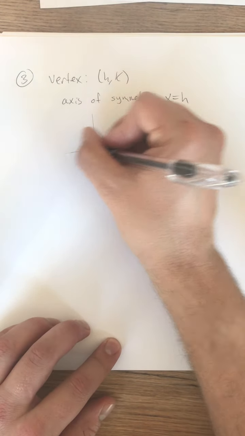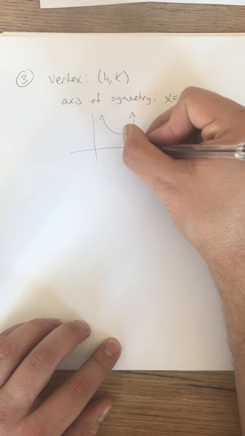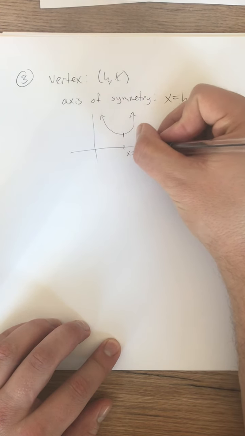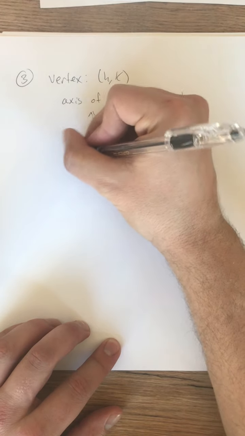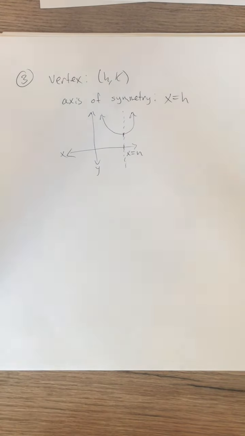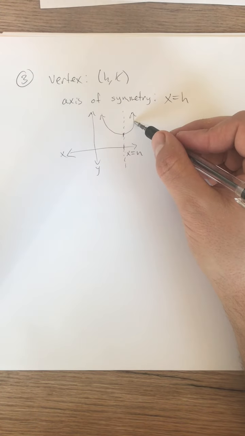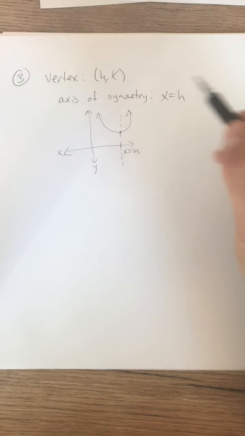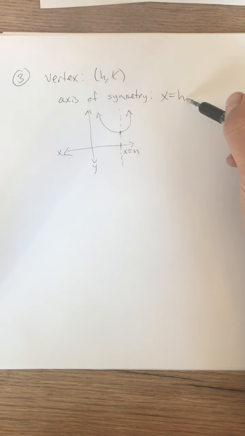And what this is, if we had something like this, this is x equals h. The function folded at the axis of symmetry would be on top of itself. And that is always the vertical line through the x-coordinate of the vertex.